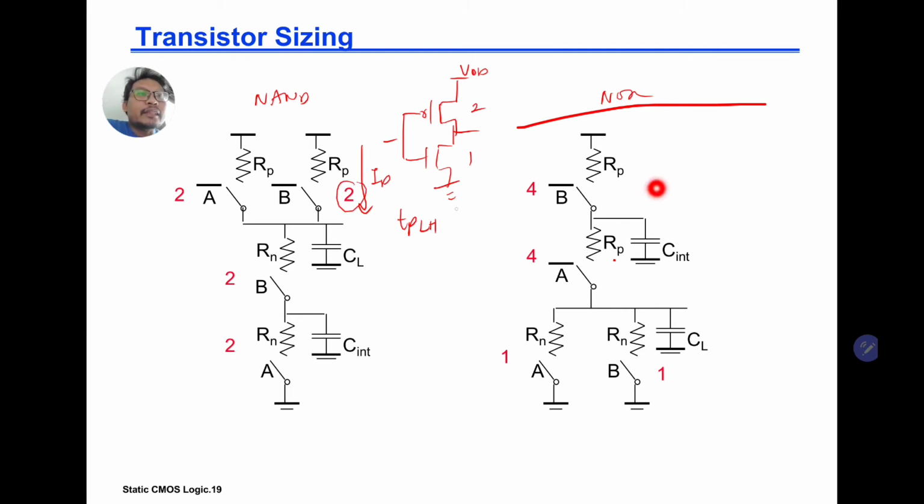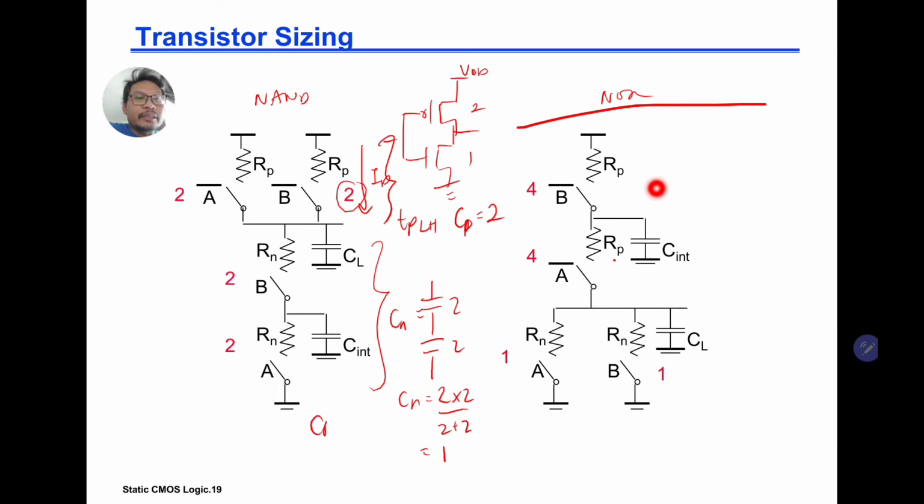So you can say that the CP, the capacitance, let's say is 2 on this side, and on CN we have the capacitance in series. If you imagine the capacitance in series, here CN size 2, so CN is equal to 2 times 2 over 2 plus 2, which is equal to 1, and therefore your CP over CN is equal to 2 over 1.